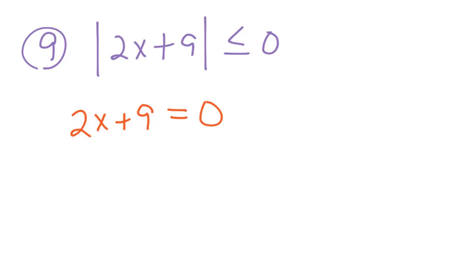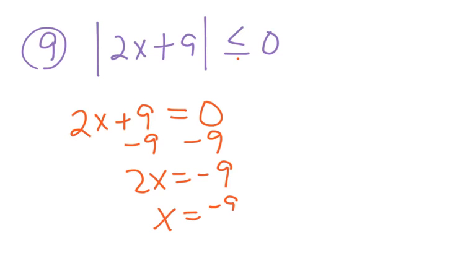And I'm doing that because really less than or equal to, that means less than or equal to. So 2x equals -9, so x is equal to -9/2. And that is the only solution to this absolute value inequality, because when you plug it back in, you're going to get 0, absolute value of 0, and 0, the last time I checked, is less than or equal to 0. Okay?